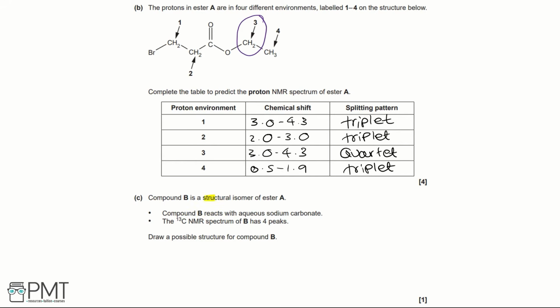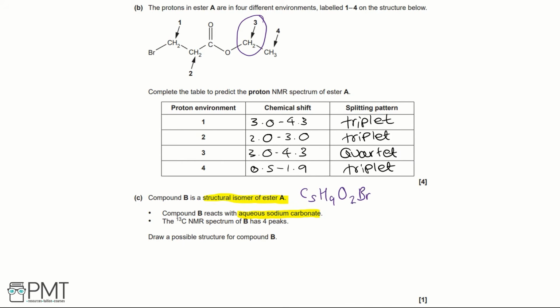We're told we have a structural isomer of ester A and that compound B reacts with aqueous sodium carbonate. Using this information, we know that a structural isomer means we have to have the same molecular formula. The molecular formula of ester A is C5H9O2Br.